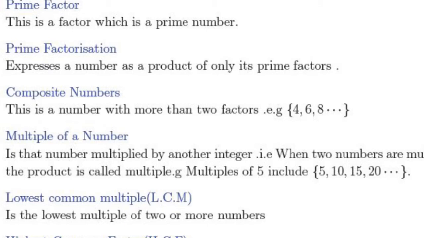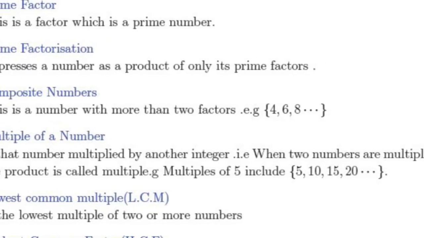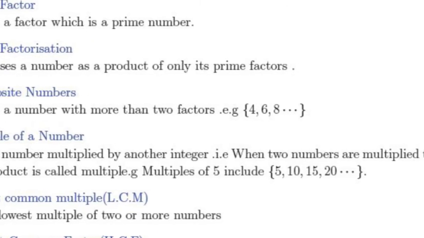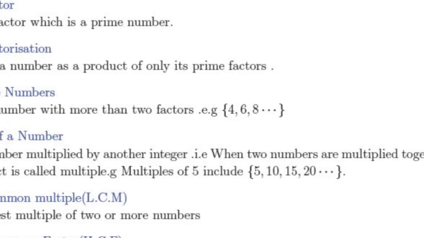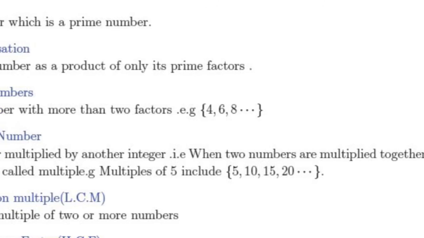Back on our screen, we have what we call multiples of numbers. We shall look at multiples. By definition, that is the number multiplied by another integer. So when 2 numbers are multiplied together, the product is called a multiple of that number. So multiples, what do we mean?